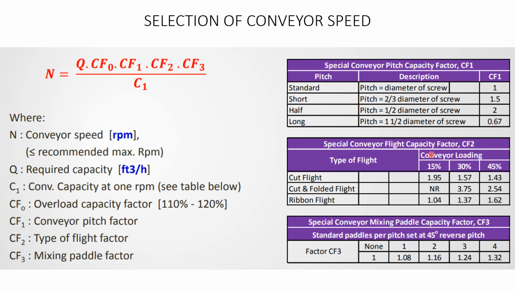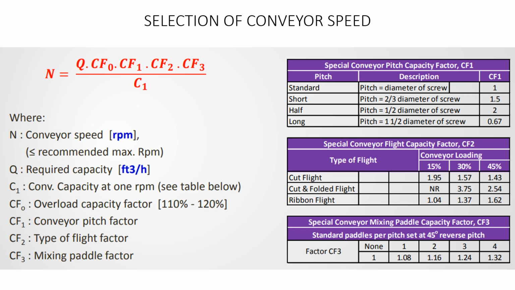And CF2 depends upon the screw flight. If it's a cut flight, a cut and folded flight, or a ribbon flight, depending upon the loading, we'll take it from the table. And CF3 is a paddle factor. Normally we take it as 1 in all the factors.